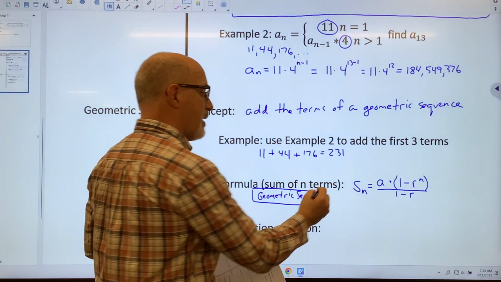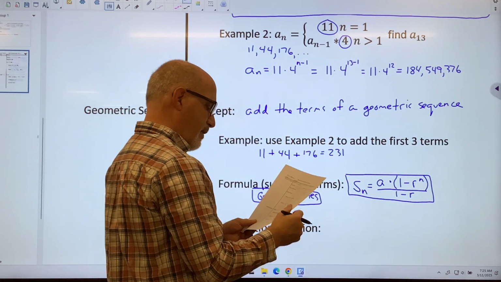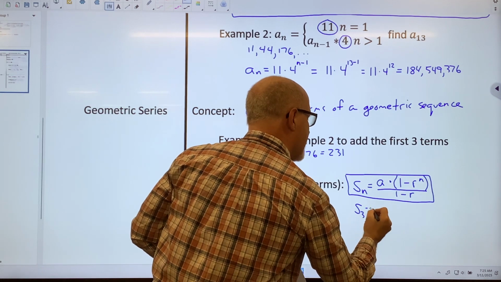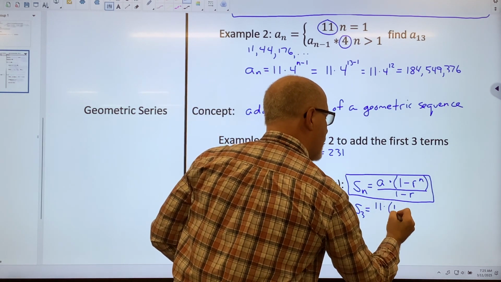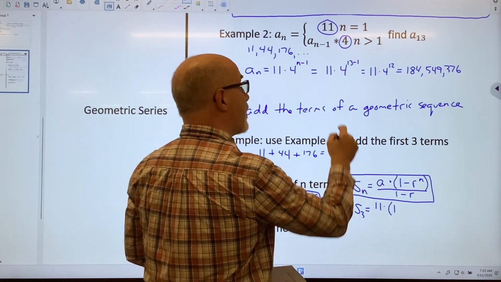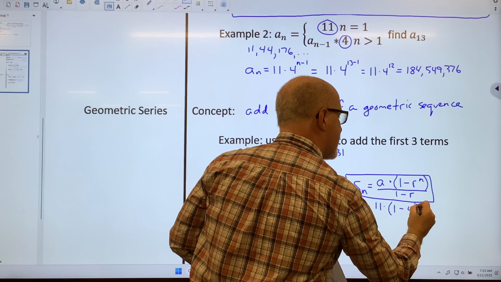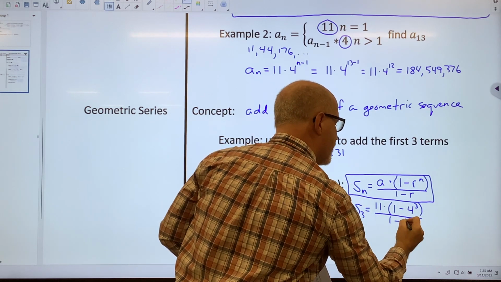So this formula allows us to find, for instance, if we're doing the first 3 terms here, S sub 3 is equal to the first term in the sequence, 11, times 1 minus, now I'm multiplying by 4 each time, notice that was my common ratio, 1 minus 4 to the 3rd power, all over 1 minus 4.